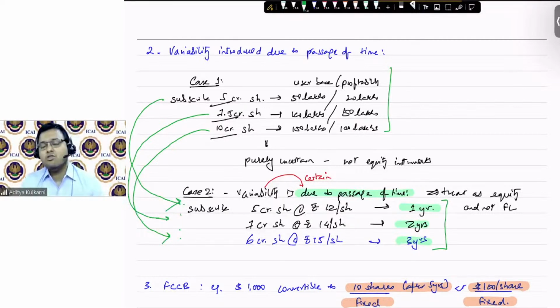Only thing is it is not mentioned in the contract, and therefore we are taking shelter of the mere letter of the contract. Letter means the words mentioned in the standard, but not the substance. Whenever there is variability due to passage of time, it is generally due to the business performance that you are expecting.